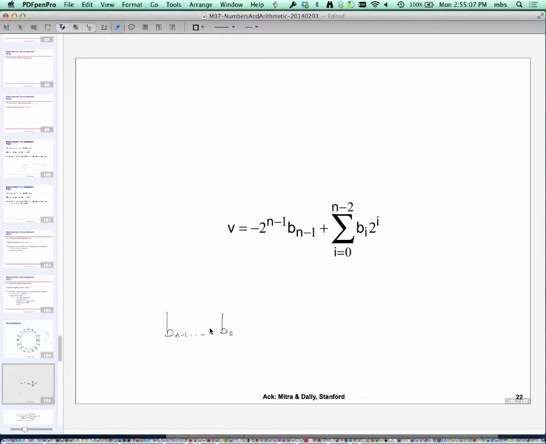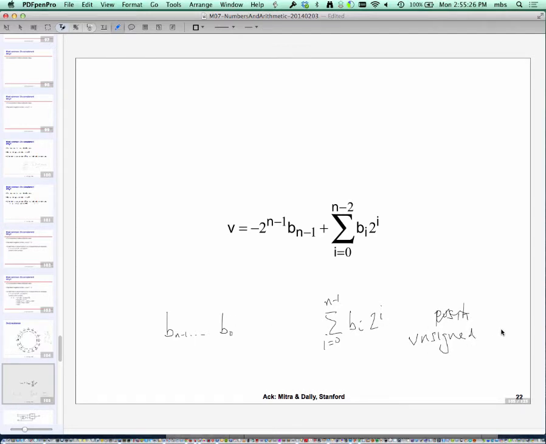And therefore, we say that they represent the sum of b_i times 2 to the power i, with i going from 0 to n minus 1. This is when we think of them as unsigned.